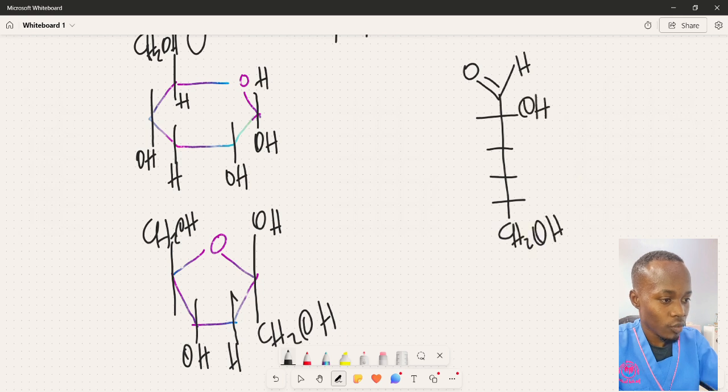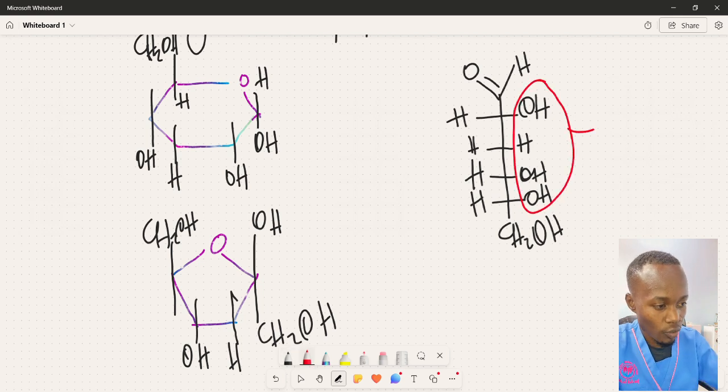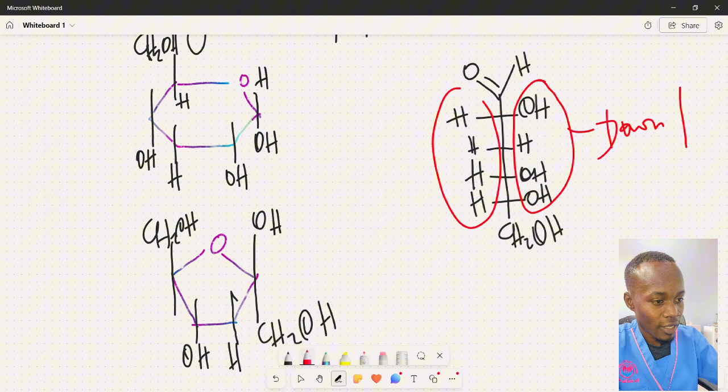The first one is always the OH, here is H, then here we are having OH, here we are having OH, here we are having H, here we are having H, here we are having H, and also here we are having H. And we said whatever is on the right, you take down of the stick, and whatever is on the left, you take up of that stick.